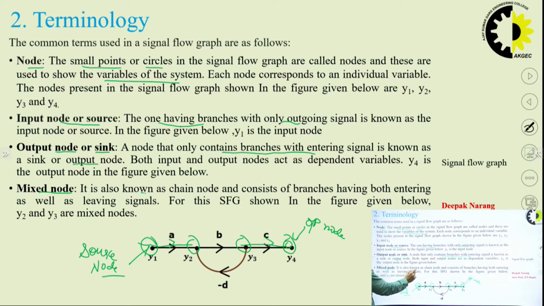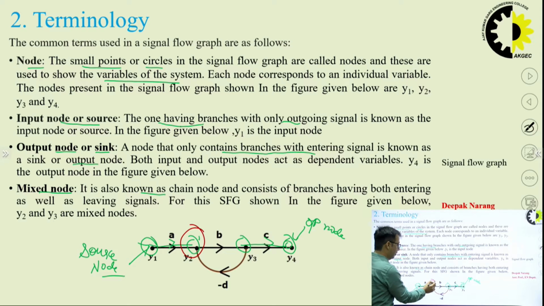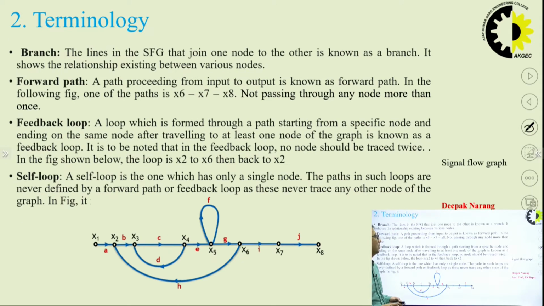It is also known as chain node, which consists both the branches which are entering or which are syncing on this node, like our this node. This B node is having both the branches. This is entering and this is outgoing. So this node is acting as both in both ways, that is input as well as output. So it becomes mixed node.